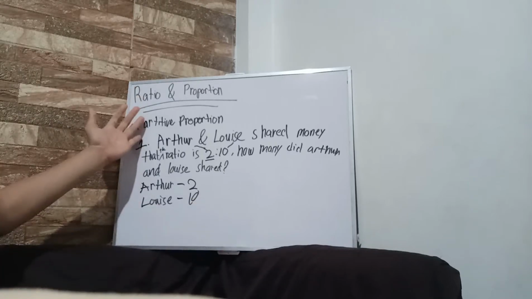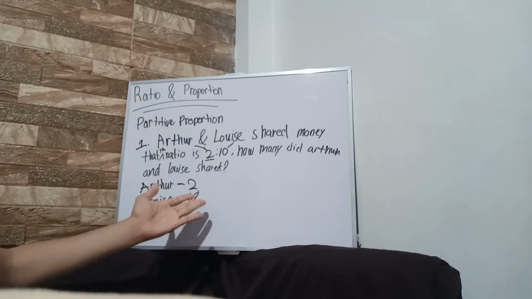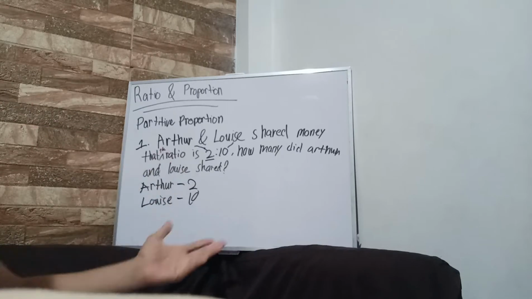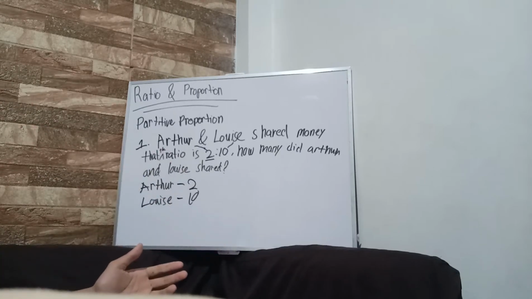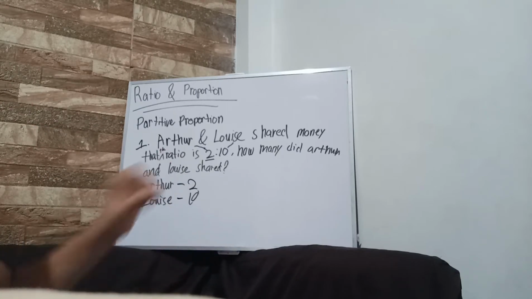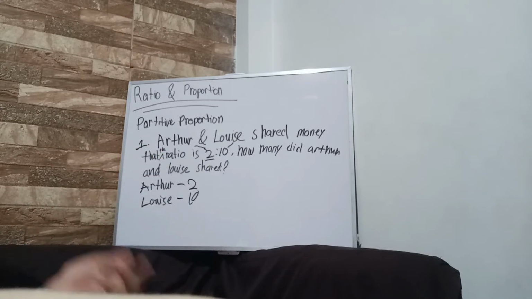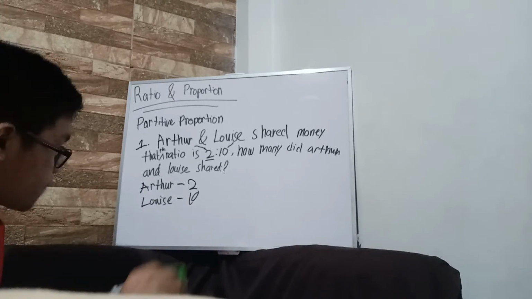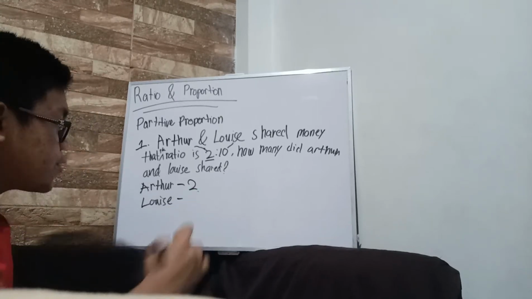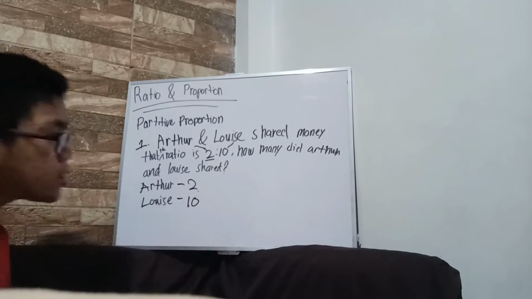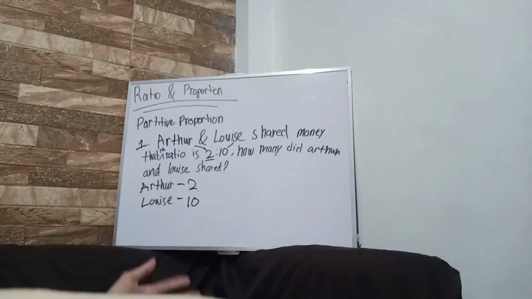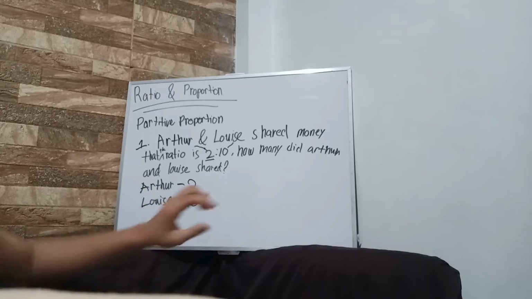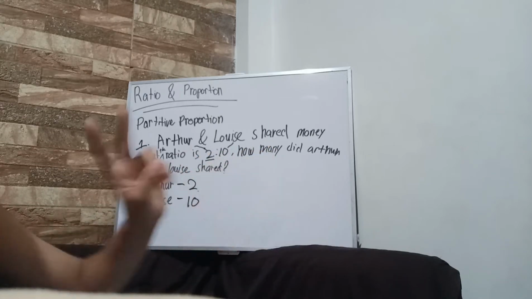Whenever it comes first, the first number in the ratio form is that person. Later, I'm going to use one more example. So we have here 2 is to 10. For Arthur it's 2, then Luis is for 10.